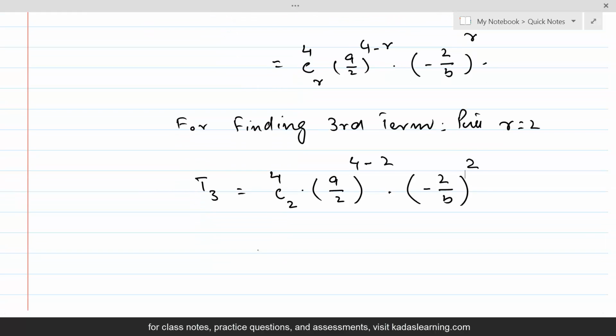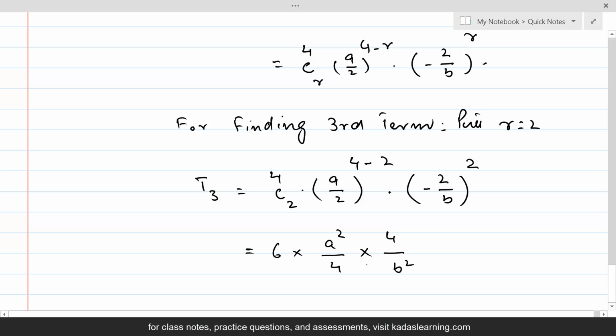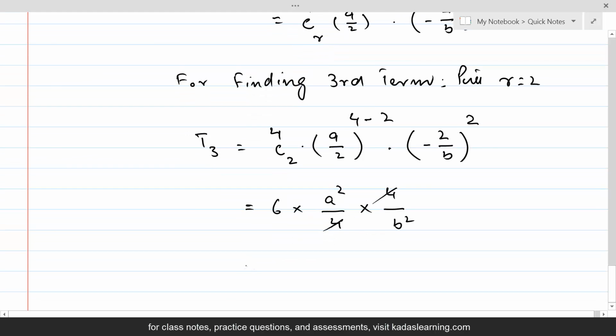So this will give us 4C2 equal to 6 times a^2/4 times minus, which will become plus because the power is even. So this will become 4/b^2. 4 will be cancelled with 4. So this gives us 6a^2/b^2, which is the third term in the expansion.